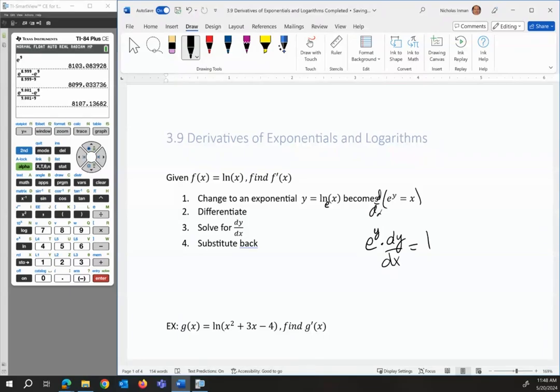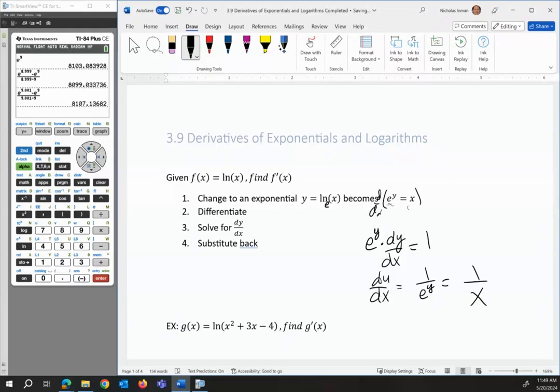All right, from there, we need to solve for dy dx. All I have to do is move this e to the y to the other side. 1 over e to the y. Then hopefully we can substitute back. Remember right here we said e to the y is the same as x.